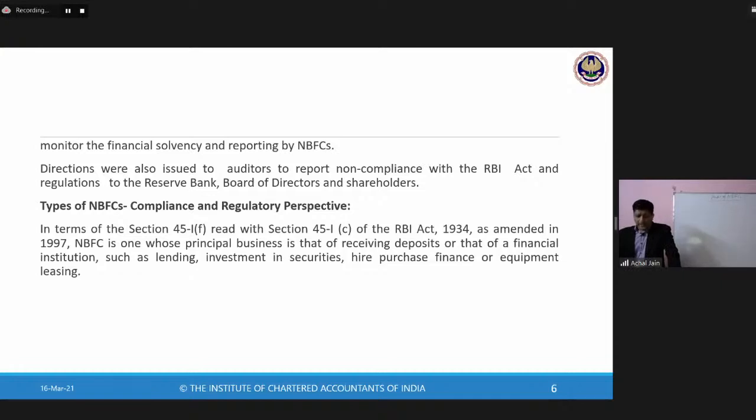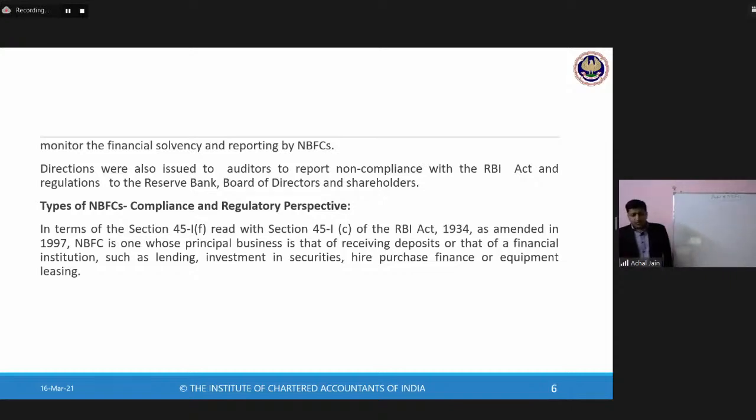In relation to NBFCs, there are certain directions which have been issued. Now, what are those directions? You can again say these are certain regulations which have been issued.